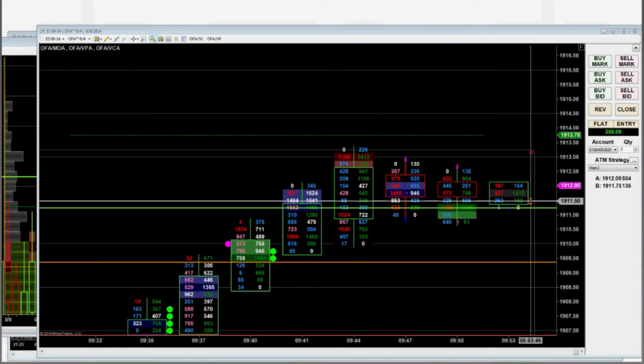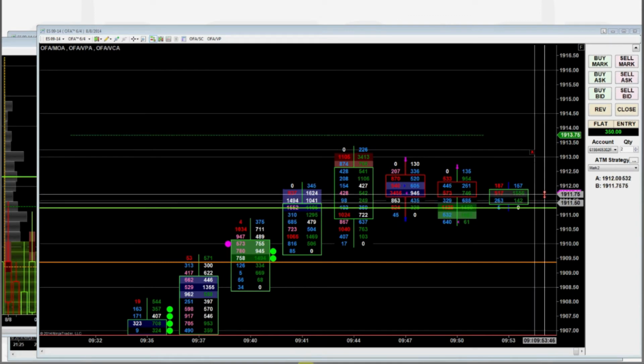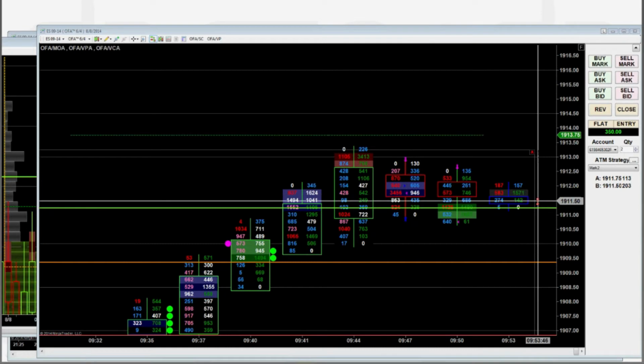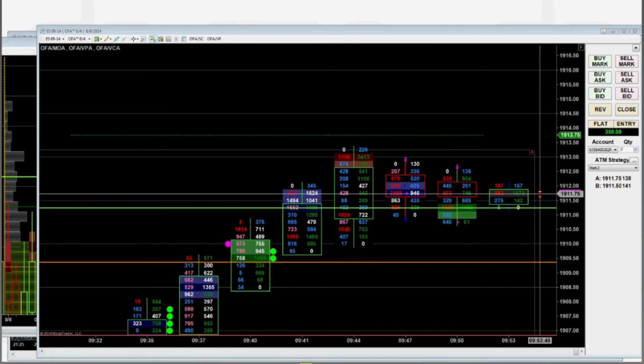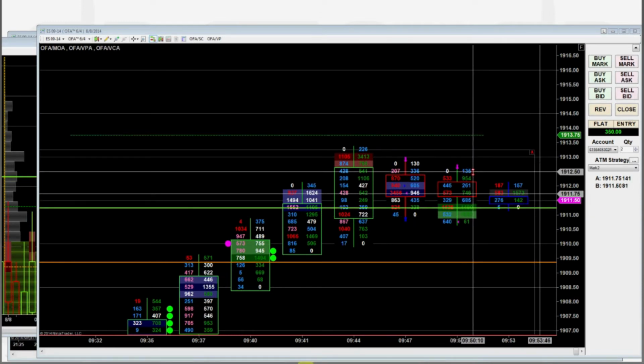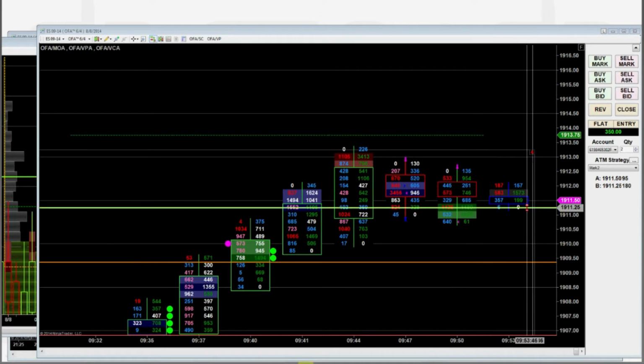This activity at the offer right here told me that this was slipping. All right, we're getting some strength back in here. So this would be a trade of faith right now. If I were to go long, it would be a trade of faith, and one that I would have to have more hope in than what I'm reading in the print, because what I'm reading in the print is weakness here, and I would need to be hoping that this trade would work.